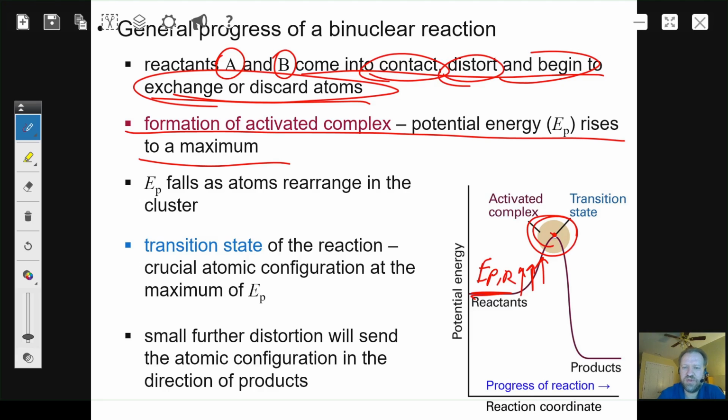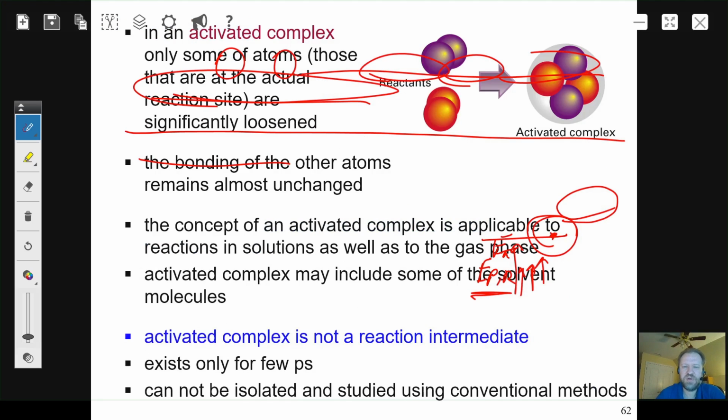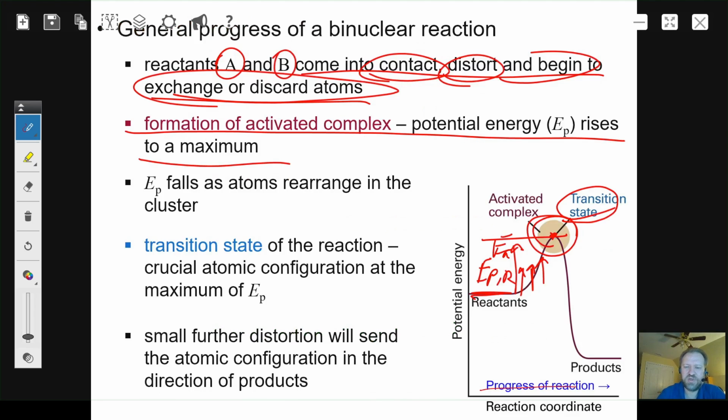So remember, the difference between the reactants and the maximum of this peak is nothing else but the activation energy. That is the location that corresponds to the so-called transition state. So a certain reaction coordinate that corresponds to the maximum in potential energy gives us the transition state.